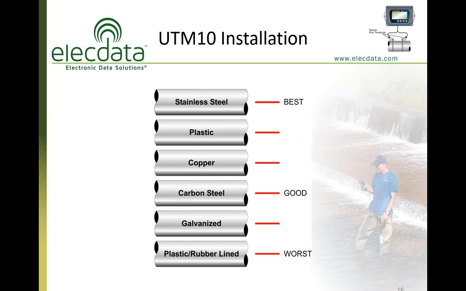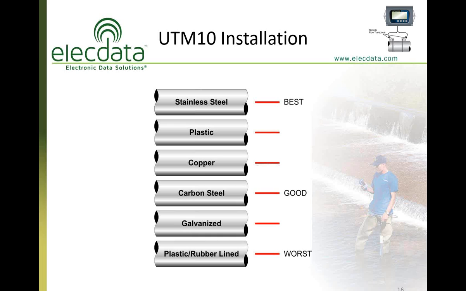Places where you have the best success for a UTM10 installation are determined by the pipe material. Performance of the flow meter can be affected by the pipe material. Those that conduct ultrasound more effectively produce better signal strength and are, in order, stainless steel, plastic, copper.